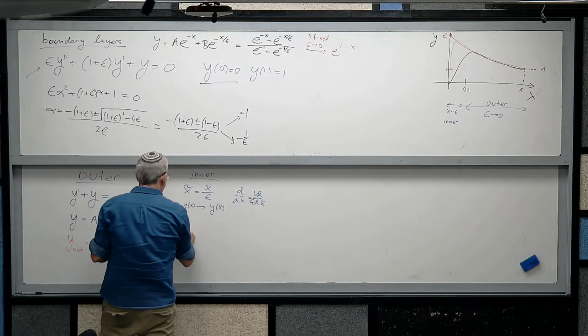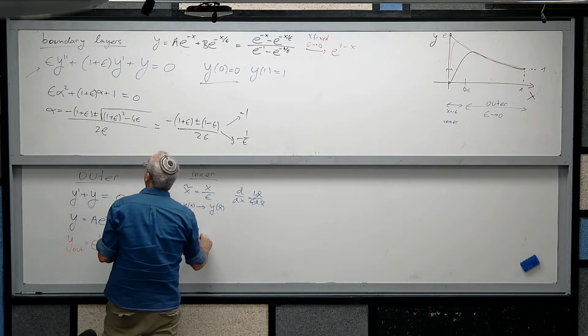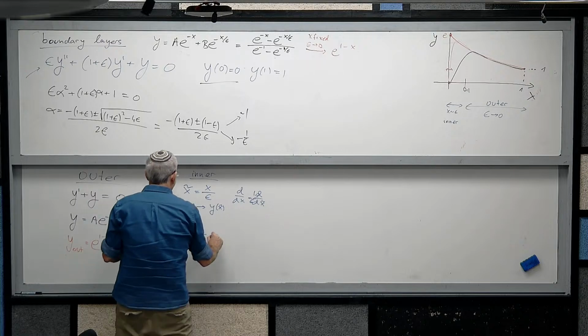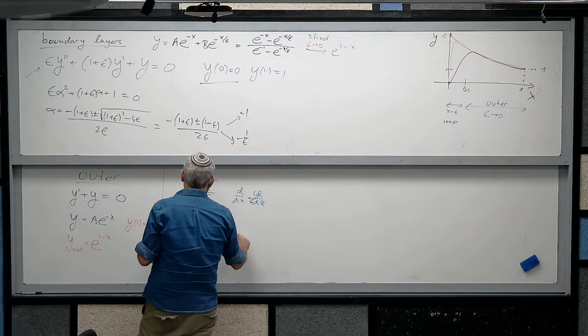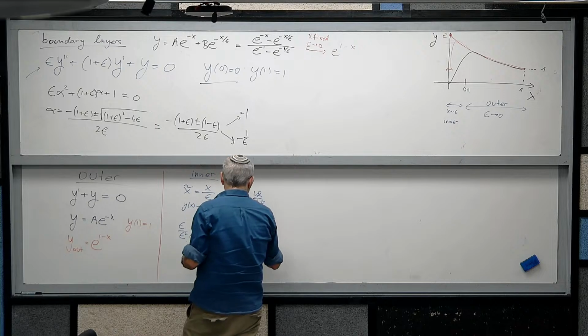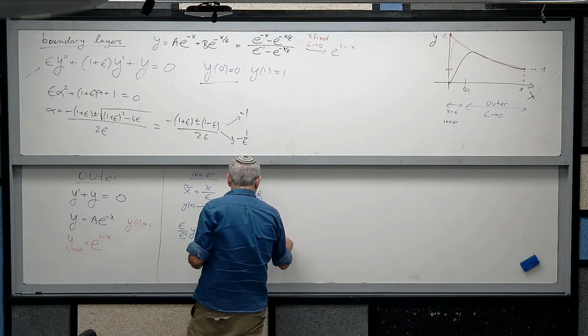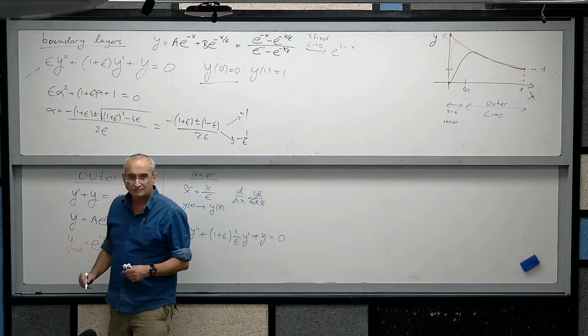So what we have is epsilon divided by epsilon squared y double prime plus 1 plus epsilon times 1 over epsilon y prime plus y equals 0. You see?